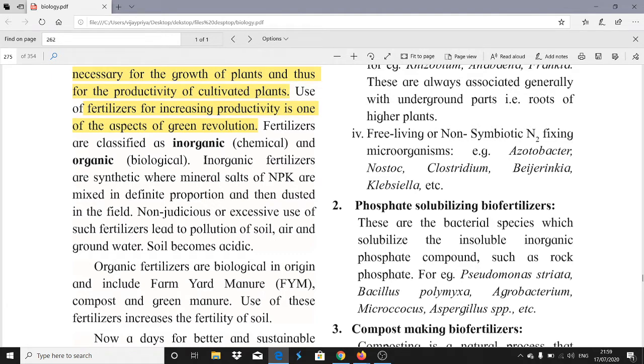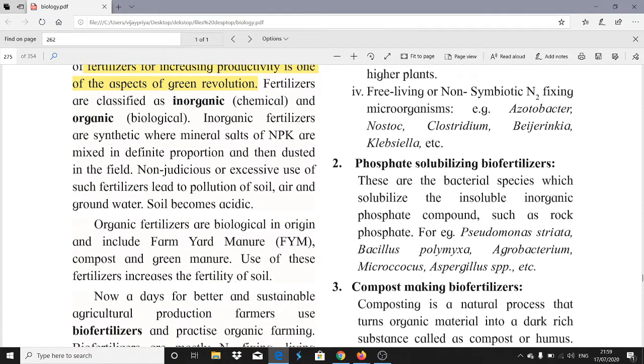These fertilizers are again classified into two: inorganic, that is chemical, where chemicals are added, and biological, also known as organic. Inorganic fertilizers are synthetic, artificially made, where mineral salts of NPK are mixed in definite proportion and then dusted in the fields.